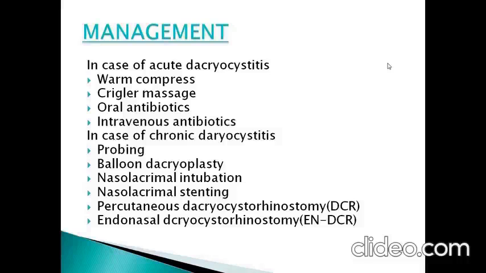In certain cases, dacryocystorhinostomy, called DCR, could be done through a percutaneous approach as well as through an endonasal approach. In chronic dacryocystitis, the management is basically invasive, whereas in acute dacryocystitis, the management is conservative.